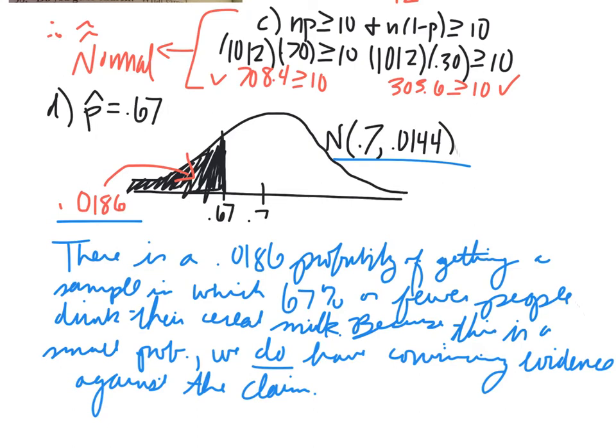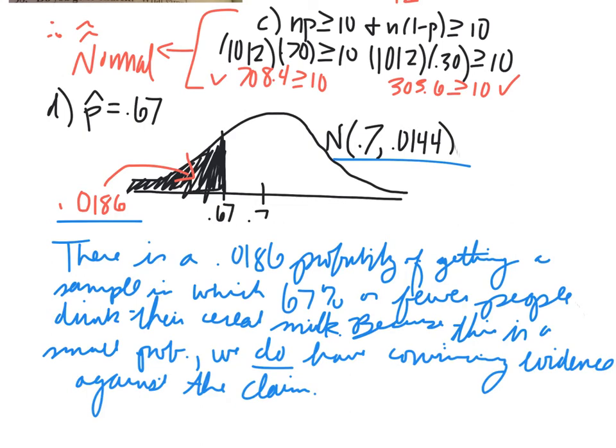The probability that I would just randomly by chance get a sample of 1,012 people where only 67% or less say that they drink the milk is 1.9%, if their claim is true, the claim that 70% drink the milk. So since that is highly unlikely, 1.9% is less than 5%, that means that it probably did not happen by chance, which means that the claim was wrong.